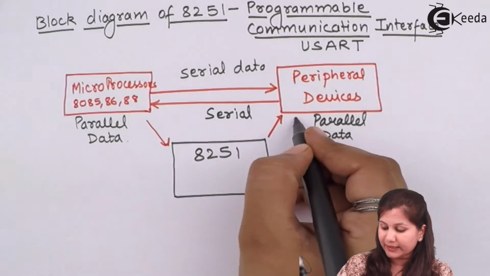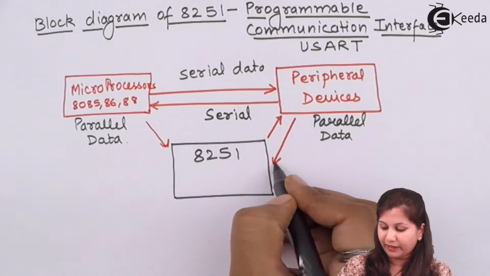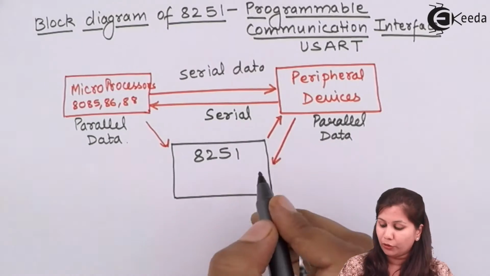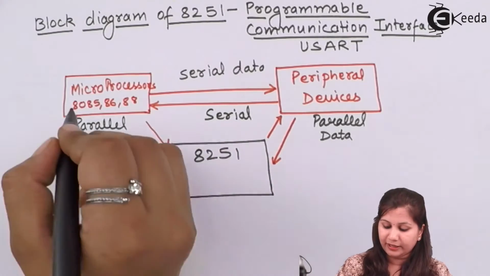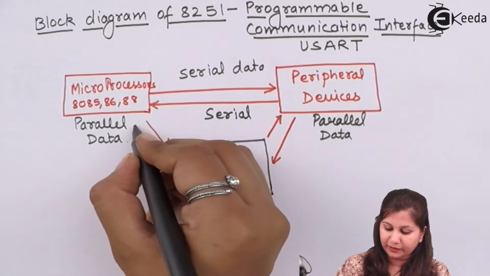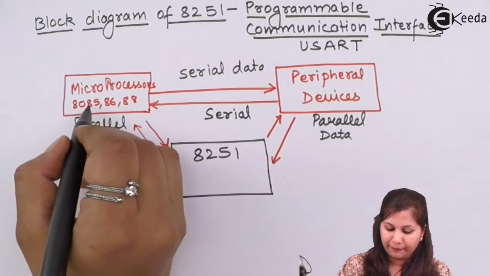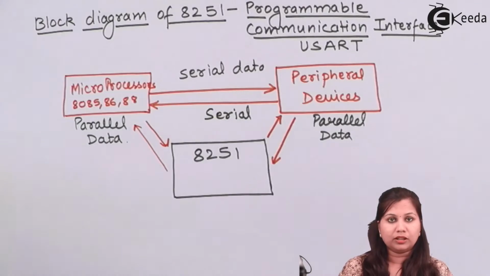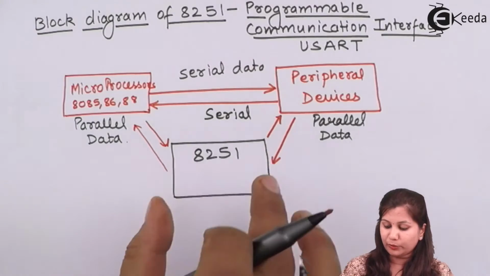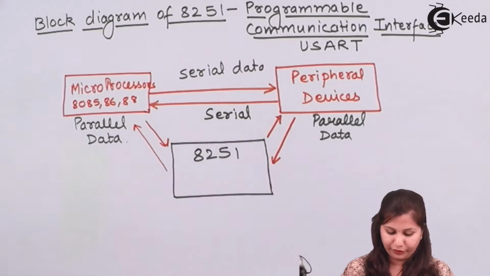Again, it is going to accept the data from the peripheral devices in serial form, convert it into parallel form, and provide the parallel data to the microprocessor. So all the conversion process will now be done by the 8251.